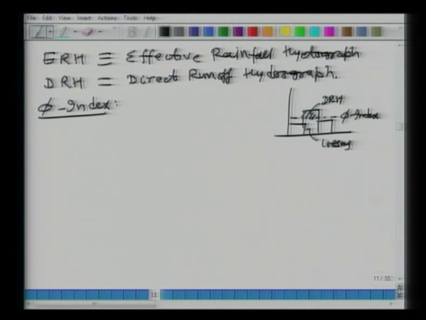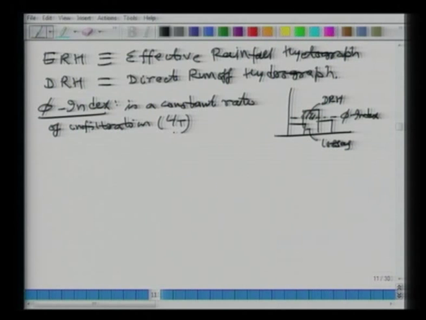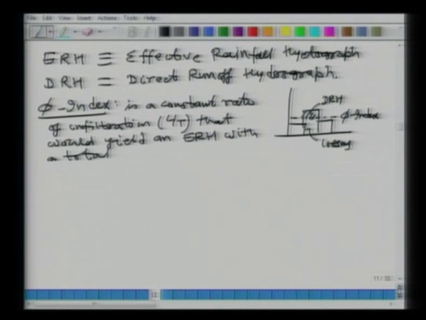Okay. So, how we define this phi index is, it is a constant rate of infiltration, and its units obviously would be L by T. That would yield an ERH, or effective rainfall hyetograph, with a total depth of your ERH that is equal to the depth of your direct runoff.